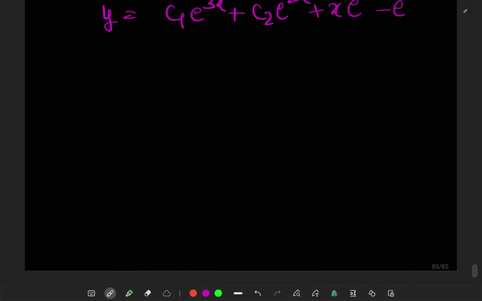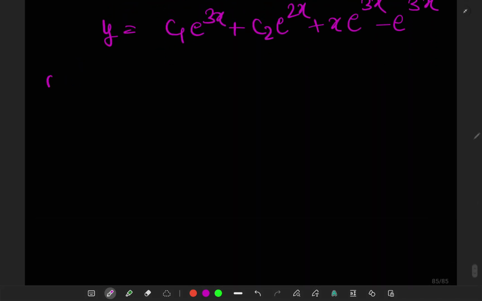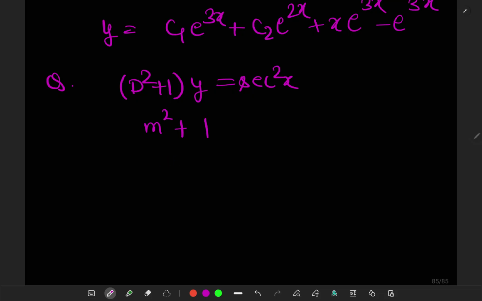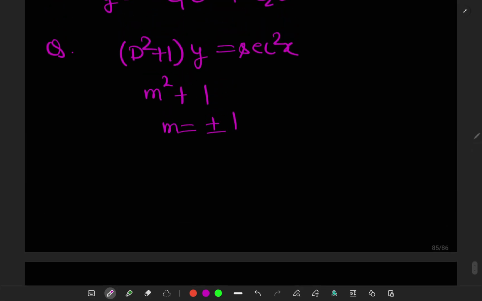Let's do another question. Put D is equal to m, so we can write here and get the value of m is equal to plus minus i.